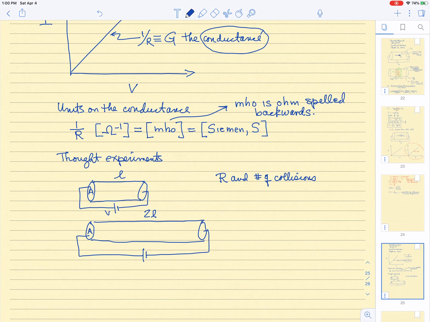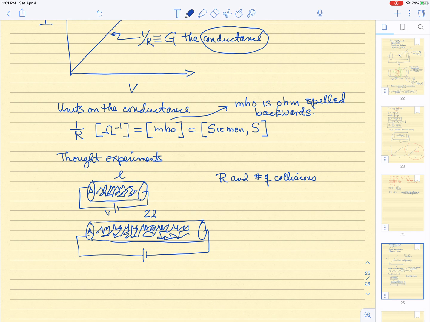And so I hope it's clear to you that as a mobile charge carrier moves through this chunk of conductor under this voltage, the number of collisions in a conductor of length 2L is going to be twice the number of collisions that a mobile charge carrier will suffer in a conductor of length L.